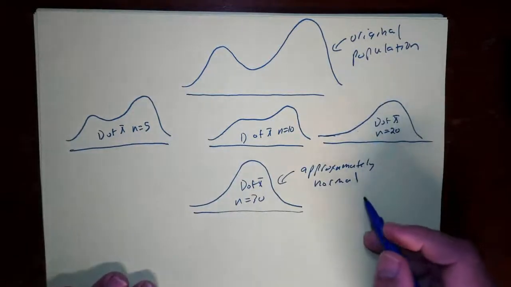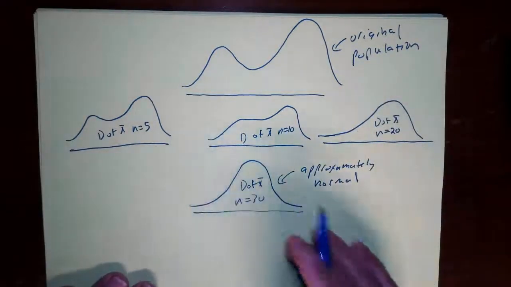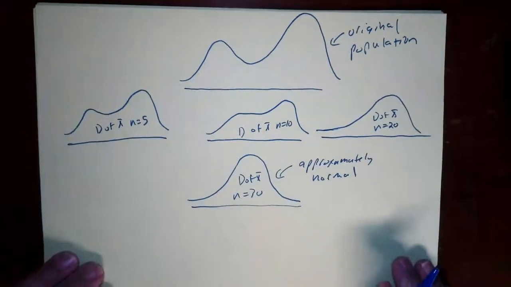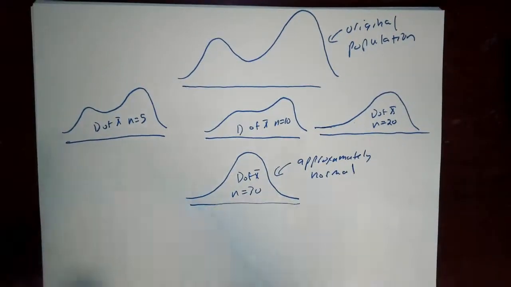It might not be exactly perfectly normal, but really any population, even the ones we call normal, is probably approximately normal anyway. So by the time you hit 30, pretty much any population is going to be approximately normal.